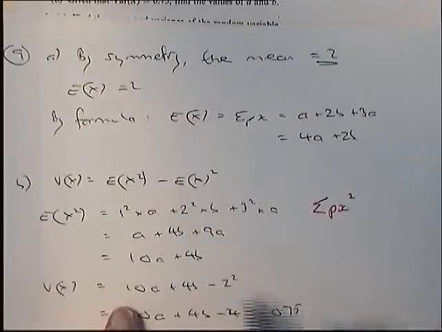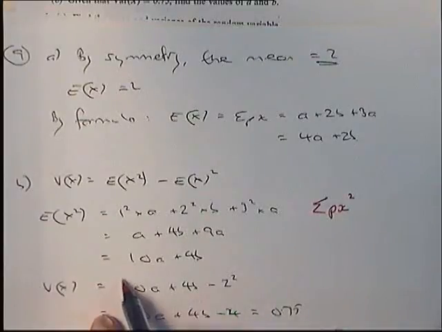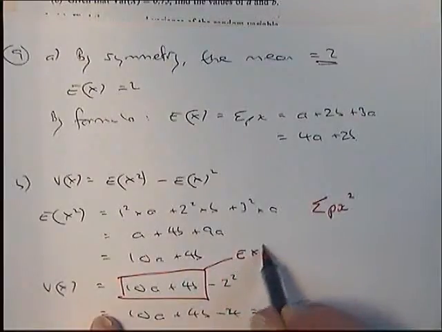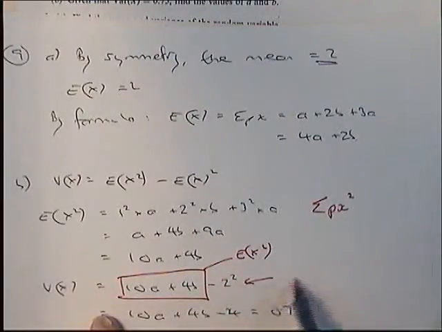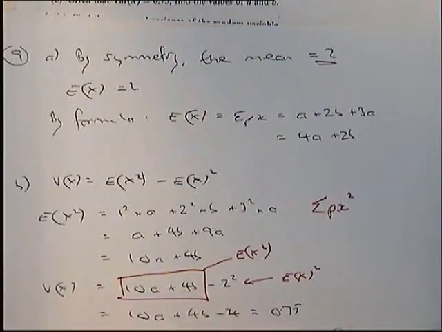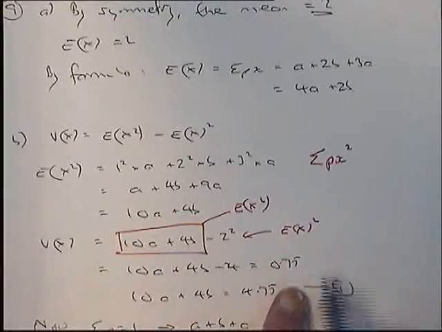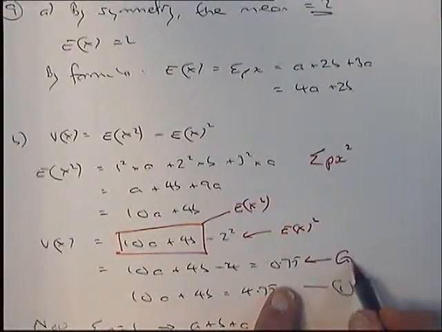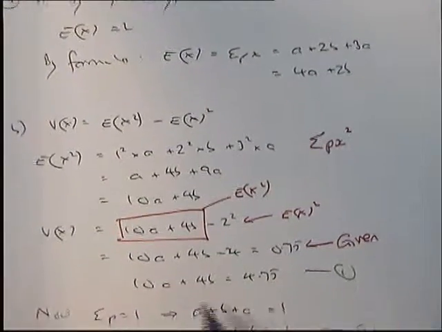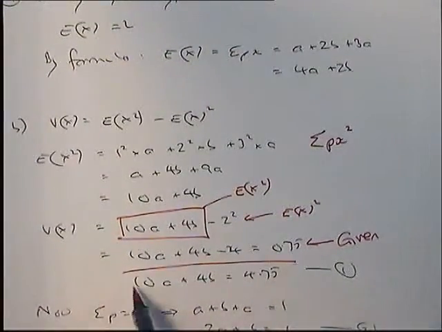The variance is always equal to the expectation of x squared, which is that bit there, take away the expected value of x squared, which is this 2 squared here. So the variance is the expectation of x squared, which we've just worked out, take away the mean squared, and that's 0.75. That 0.75 is what's given to you in the question. So then you have an equation here.